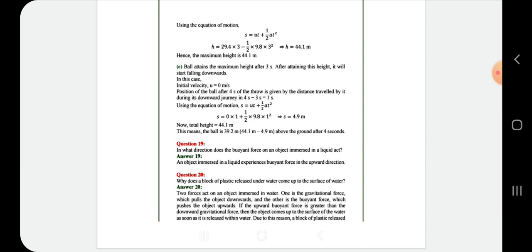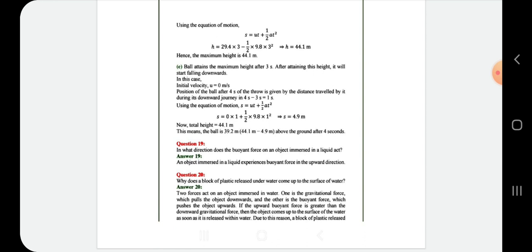Now the ball attains the maximum height after 3 seconds. After attaining this height, it will start falling downwards. In this case, initial velocity u is equal to 0 meter per second. The position of the ball after 4 seconds of the throw is given by the distance travelled by it during the downward journey, which is 4 seconds minus 3 seconds, that is 1 second. Let's substitute all the values again.